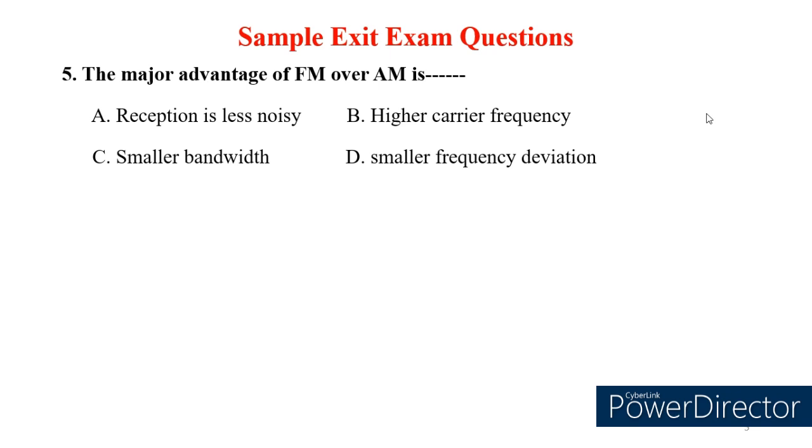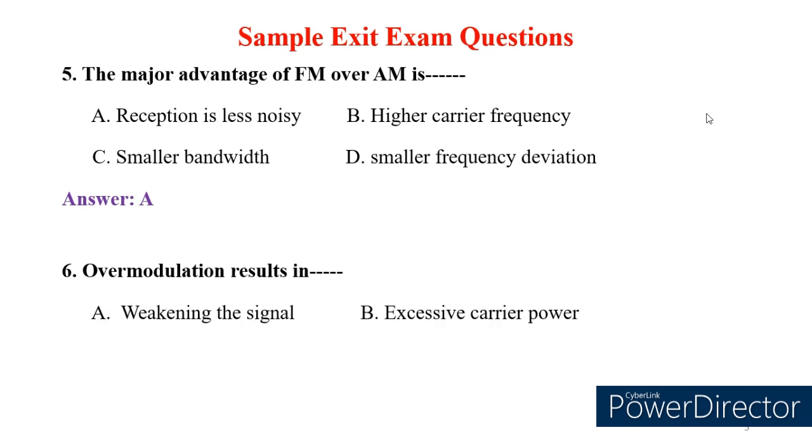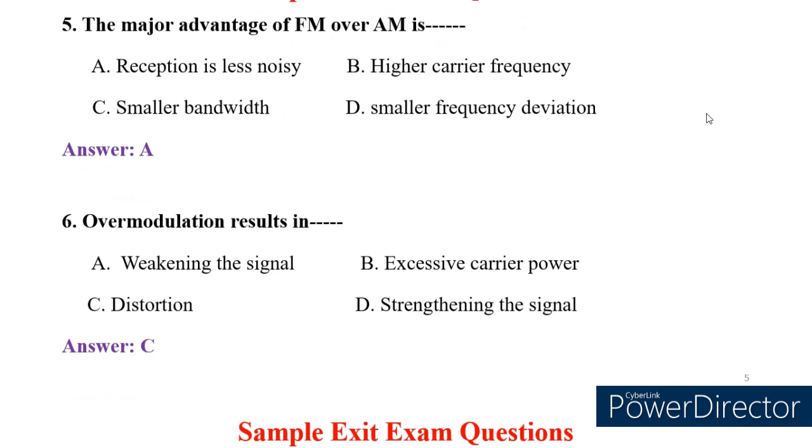Therefore the answer is A. Question number 6. Overmodulation results in A. Weakening the signal. B. Excessive carrier power. C. Distortion. D. Strengthening the signal. Overmodulation distorts the signal. Therefore C is the answer.